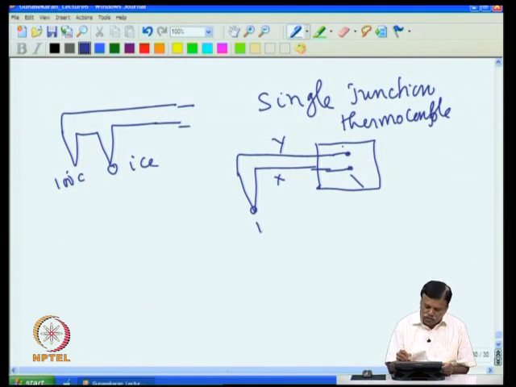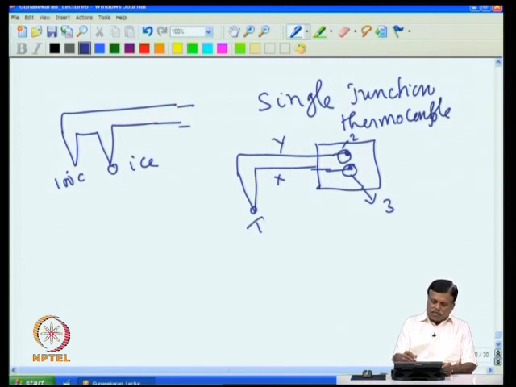So you have three junctions. But the end result is this: if junctions 2 and 3 are at the same temperature, assume room temperature, I would put a big block in the room and terminate these two wires in this block, with a small insulation here. So the insulation is also essentially at the same temperature as this big block.